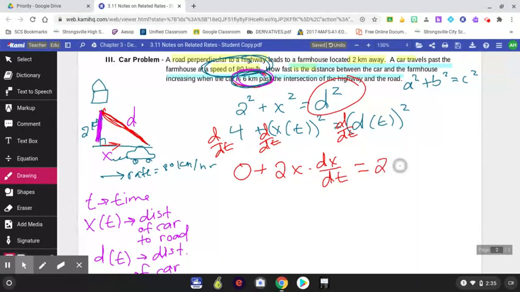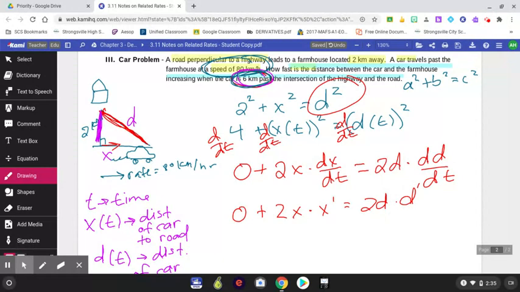That's 2d, although d is not the independent variable, so I need to multiply by the derivative of the d function, dd/dt. Or you could write this as d prime. You could have 2x times x prime equals 2d times d prime. It doesn't matter which way you write it. I just like to write it in terms of t because it's a reminder that t is the independent variable.